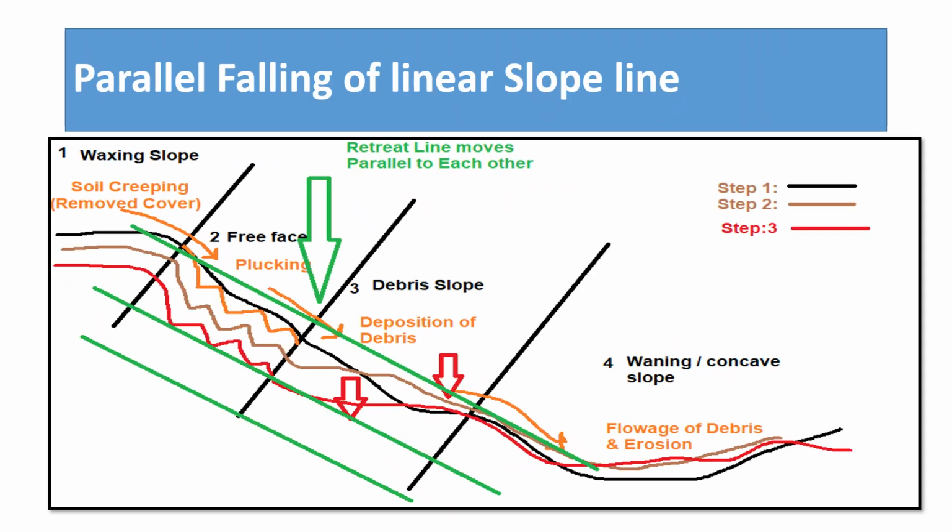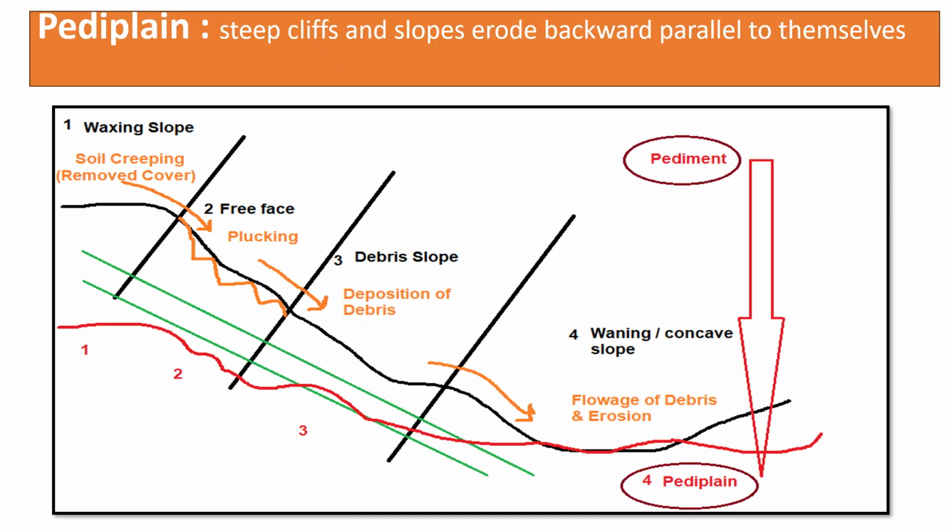And this image with the green lines explains the retreat pattern that is parallel to each other. Each green line moves downward, migrated downwards. That is the retreat, and the retreating lines are parallel to each other. That's why this process is known as the parallel retreat theory by L.C. King.